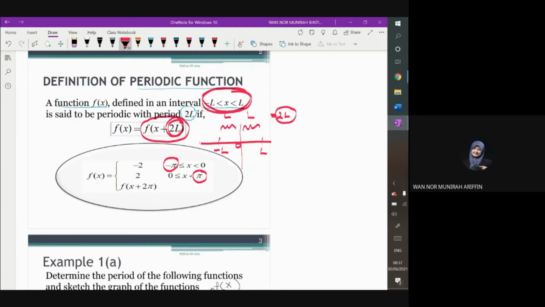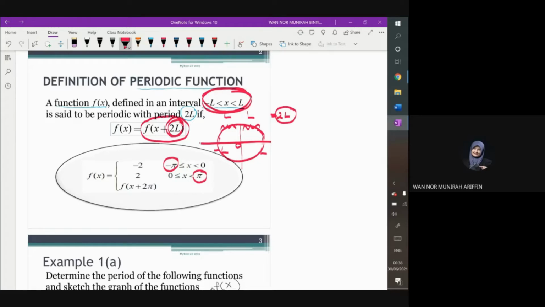This function will be repeated with the same pattern, the same shape of your waveform, over the same interval. So each time of 2L, you will get the same waveform or the same pattern of your graph.